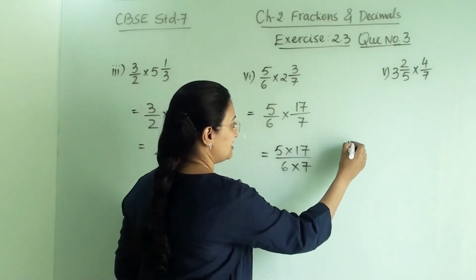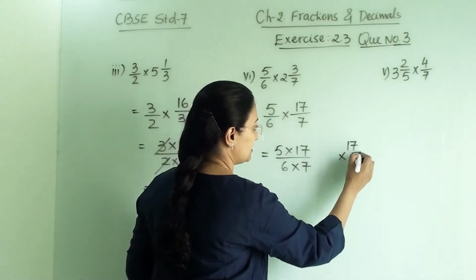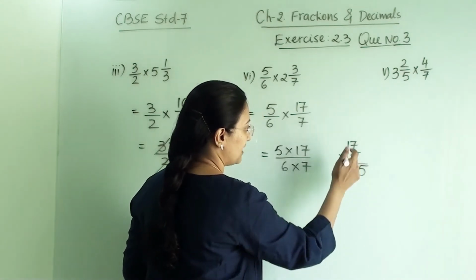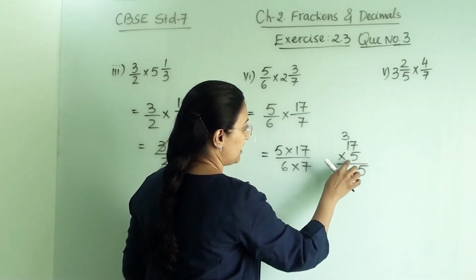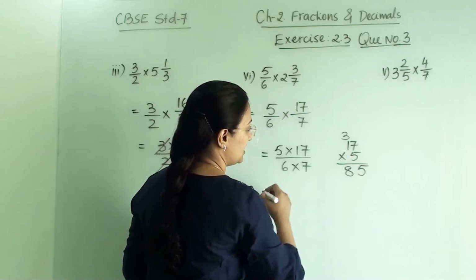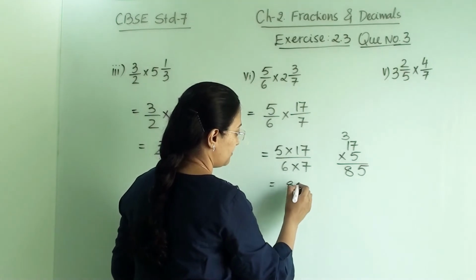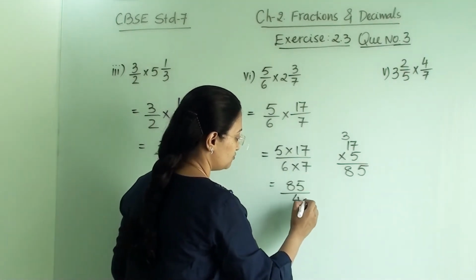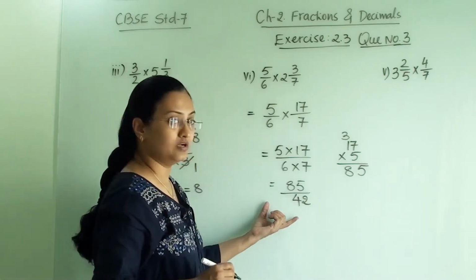So our 17 into 5. 7 5s are 35. So 5 and 3. So 5 into 1, 5 plus 3. So it is going to be 8. So it is 85 divided by 7 6s are 42. So this is our answer.